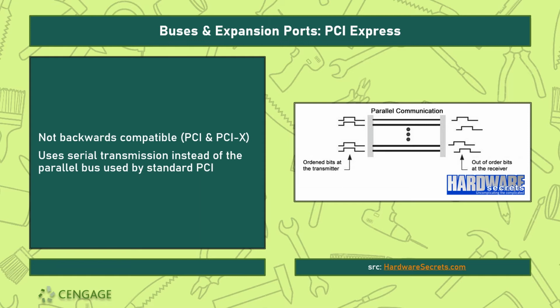And that is supposed to say ordered, not ordained bits at the transmitter. So you can see when things are being transmitted, what's called the TX end, they're in sync. They're lined up correctly so that a 1 looks very clearly like a 1, and we're not losing any what's called phase.